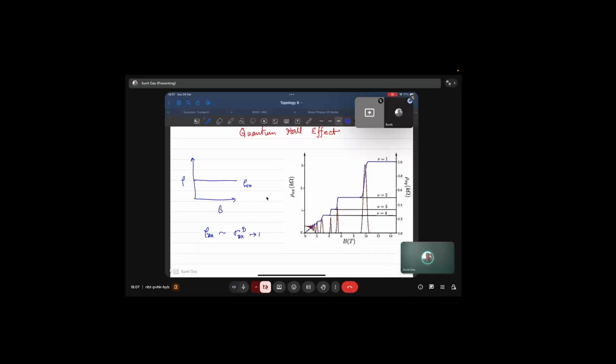This is the Drude conductivity, which is independent of magnetic field. This is the Drude picture of conductivity in presence of a magnetic field, which is the first chapter of any solid state book, let's say.